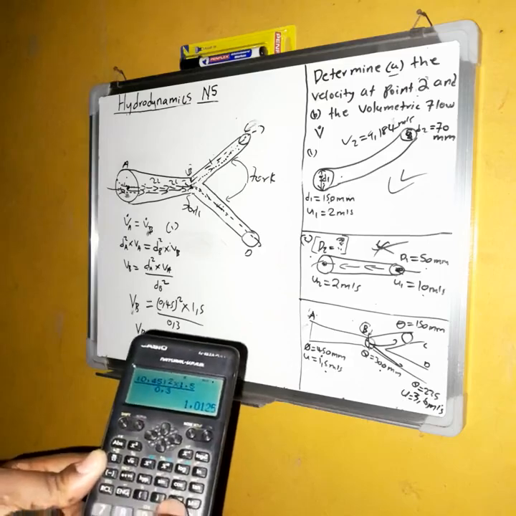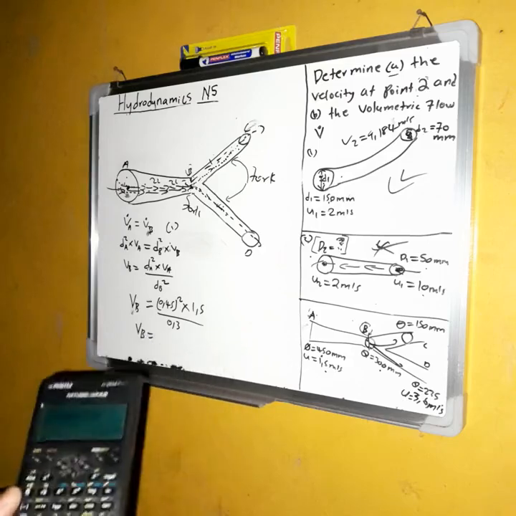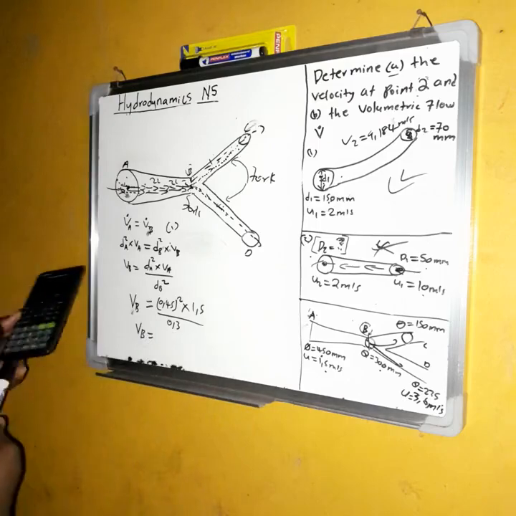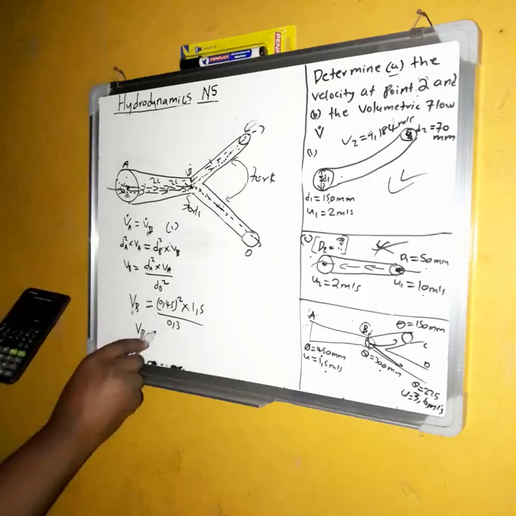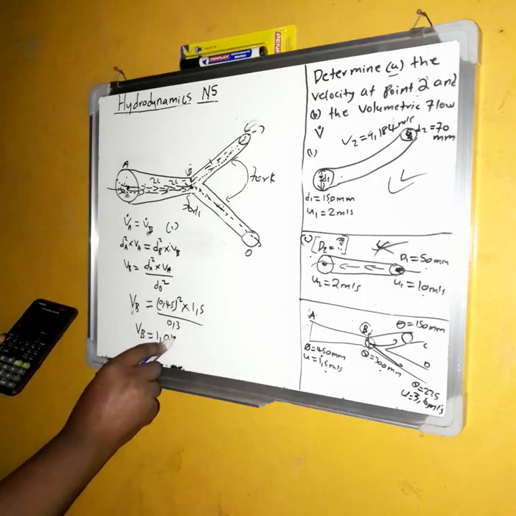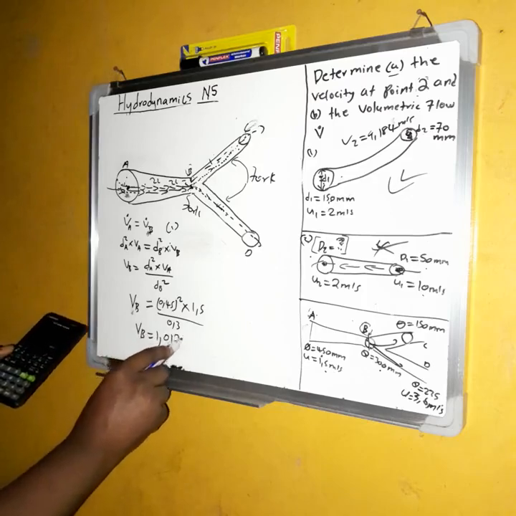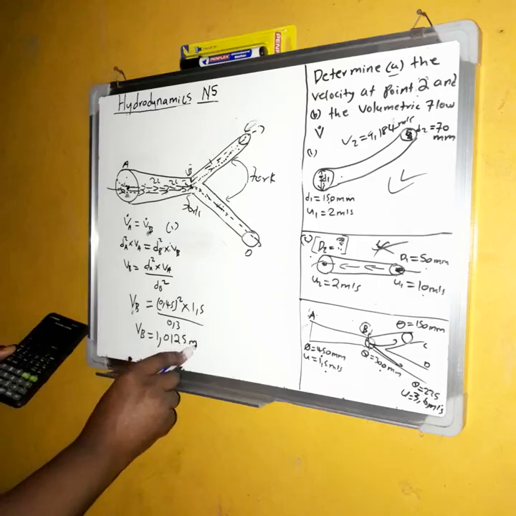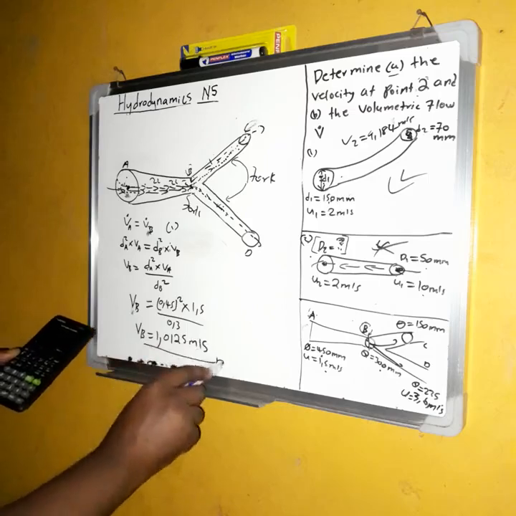This gives me 1.0125 meters per second, the velocity at B.